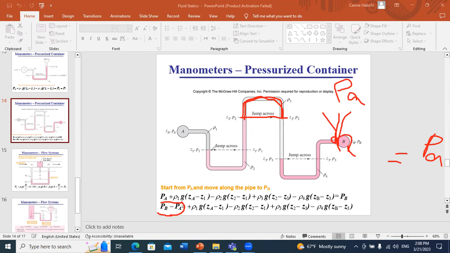Okay, here when we jump across this fluid, because here we have the same fluid, so we can go from this point to this one. And lastly here we have the same fluid, so we can jump from this point to this one.